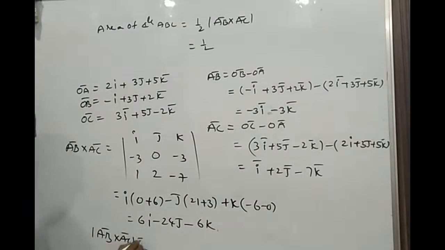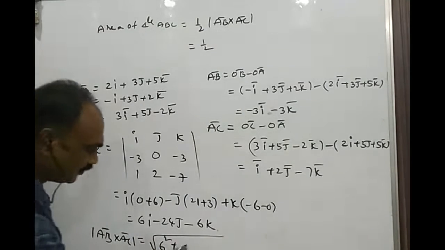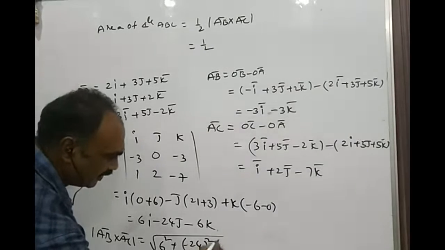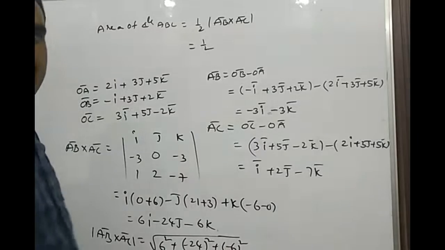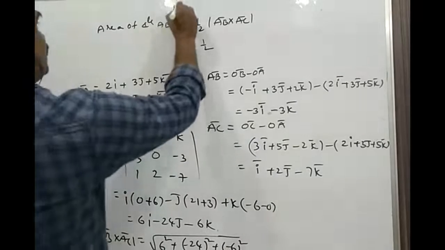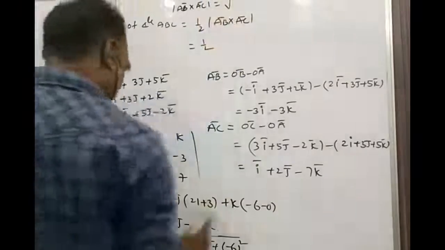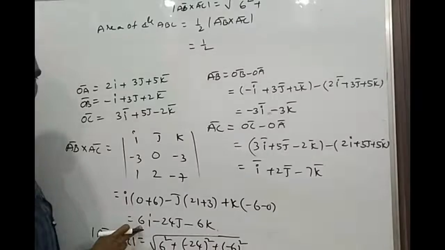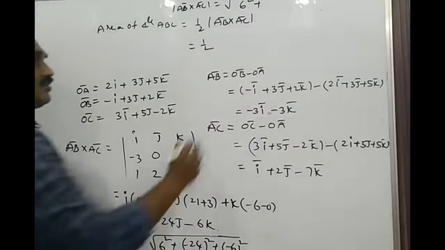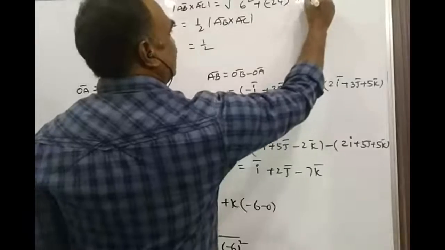Mod is equal to root of x component 6 square plus minus 24 whole square plus z component minus 6 whole square, that is x square plus y square plus z square.